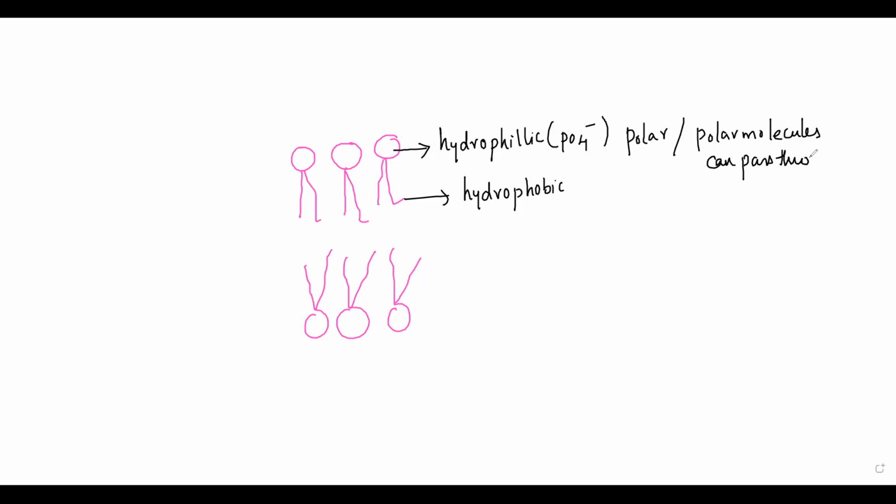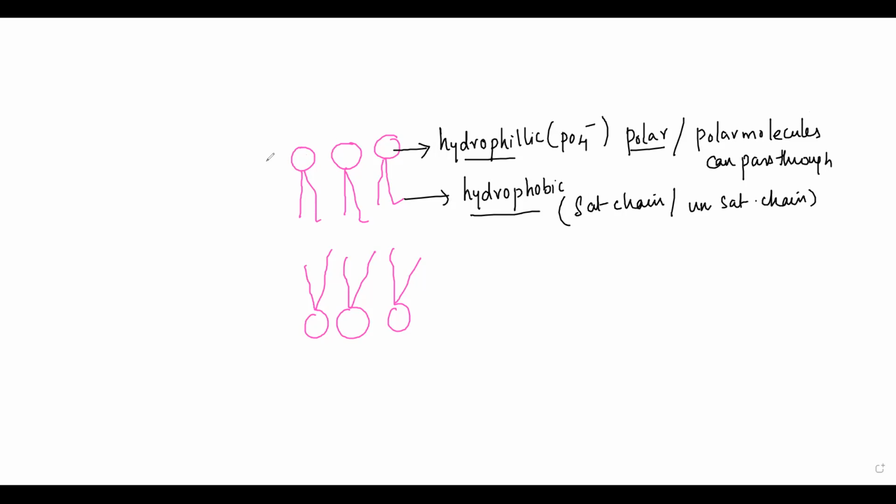These hydrophilic molecules are the polar ones. And remember children, the hydrophobic parts are made up of two chains. One is a saturated fatty acid chain, and the other is an unsaturated fatty acid chain, because it has a double bond between the carbons.